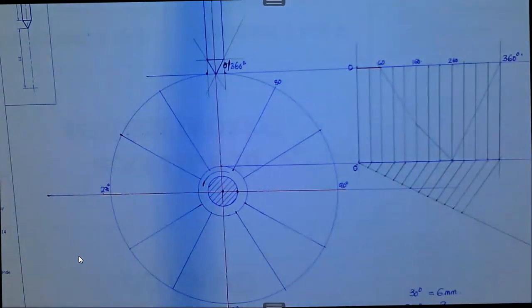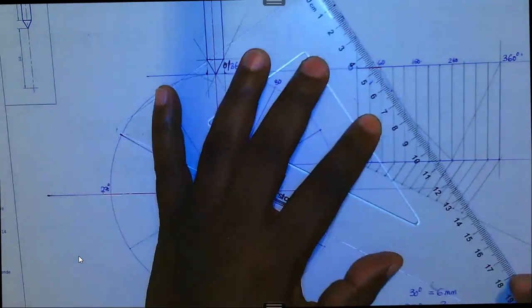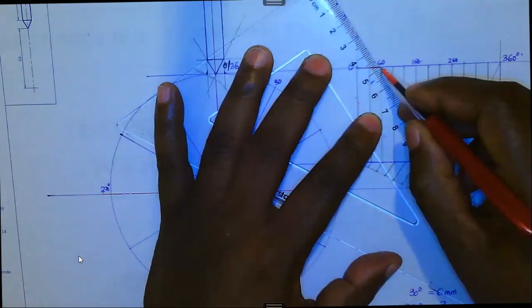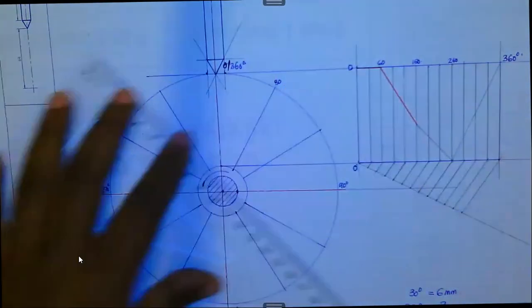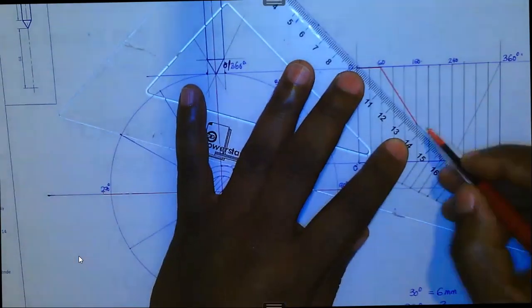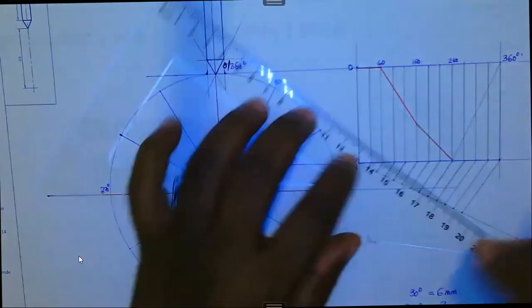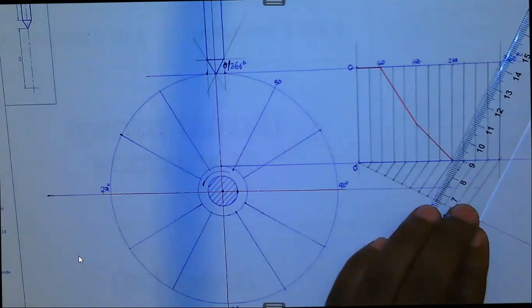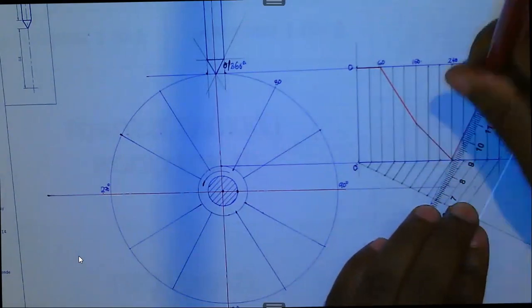Now, what we want to do is to outline the path which is followed by the follower on the displacement graph, and you outline this. There you go.